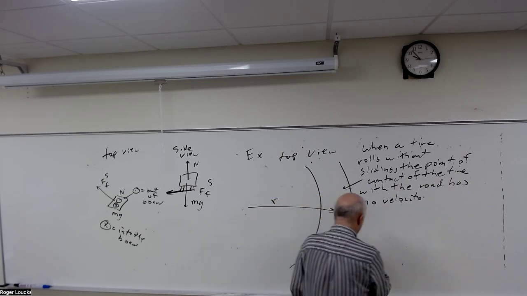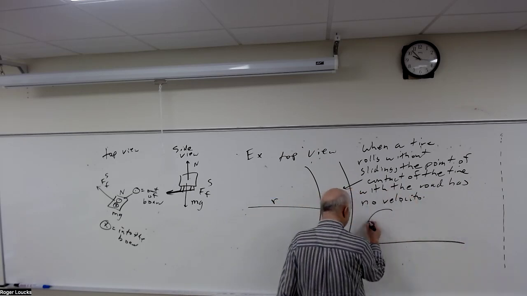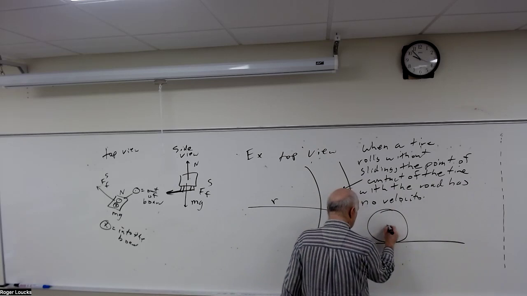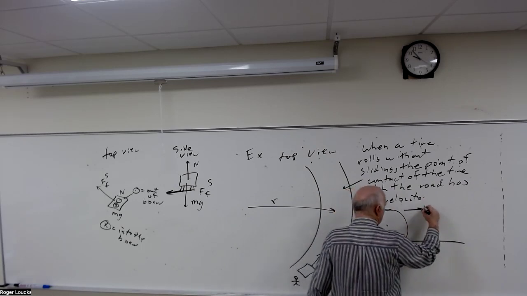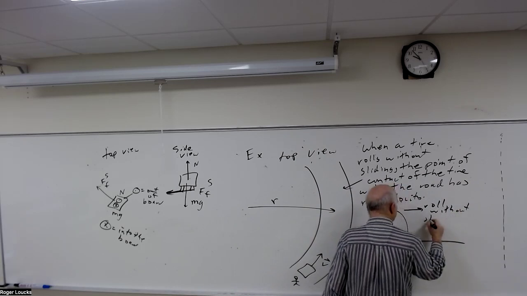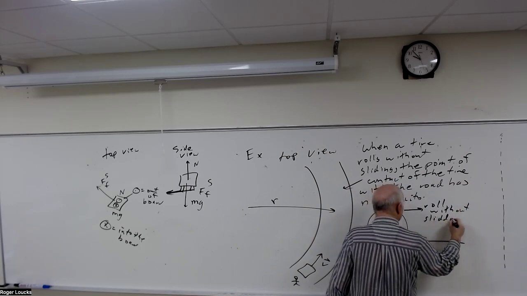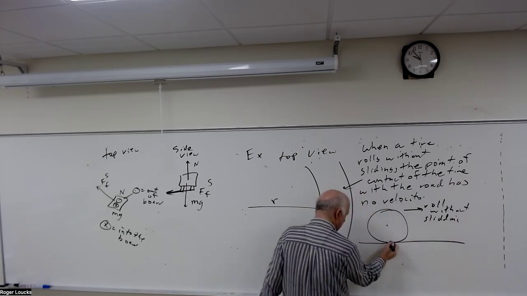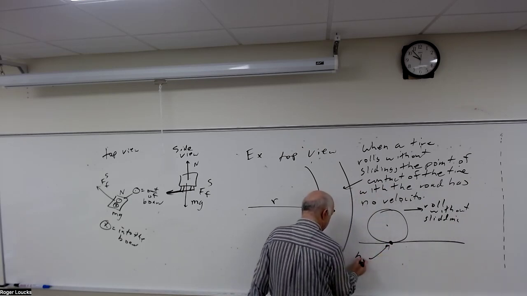And let me try to convince you why this is the case. So let's say here's a tire, and it's going to go this way, and it's going to roll without sliding. The claim is that this point of contact here has no velocity.